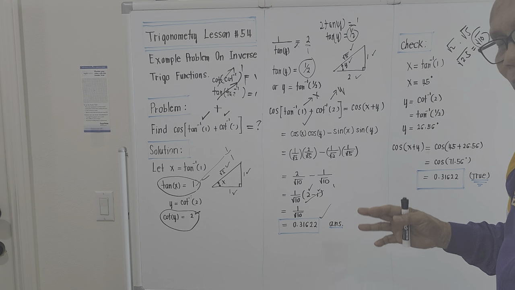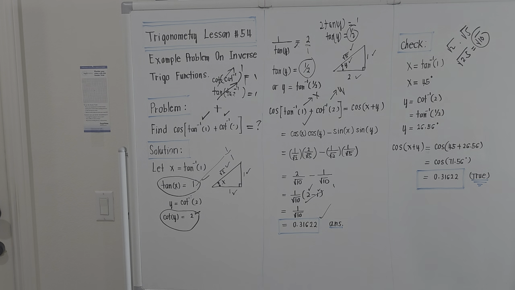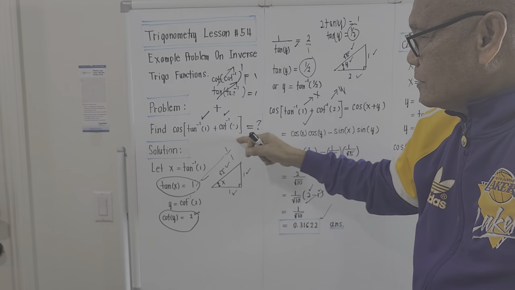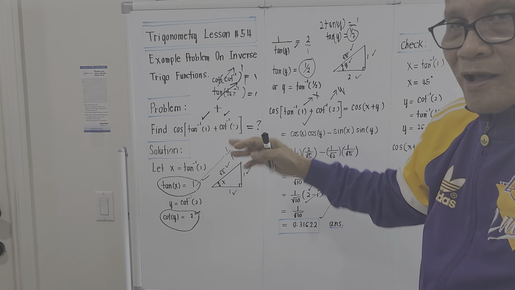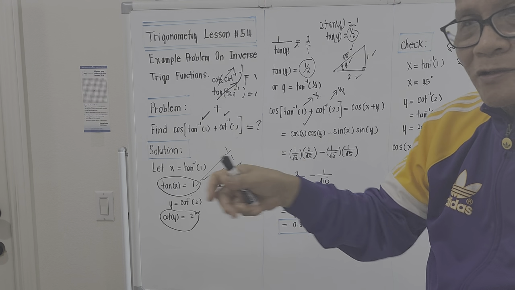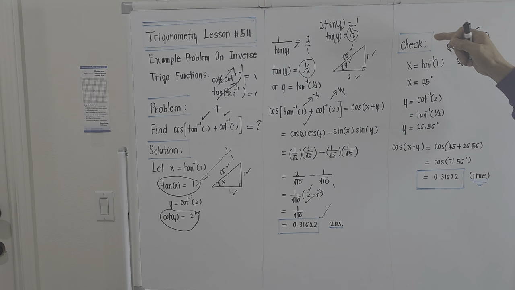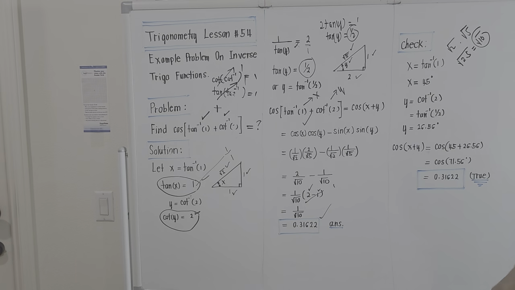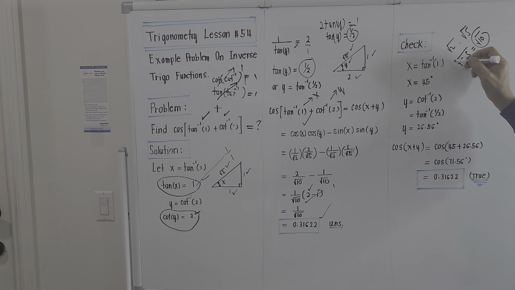And how could we verify the validity of our answer, if it is really correct or not? That's an easy one. Because the ones inside the cosine are actually angles, we could compute for the individual angles inside. So to check the validity of our answer, x is actually the arctangent of 1. This is the value of the first angle.